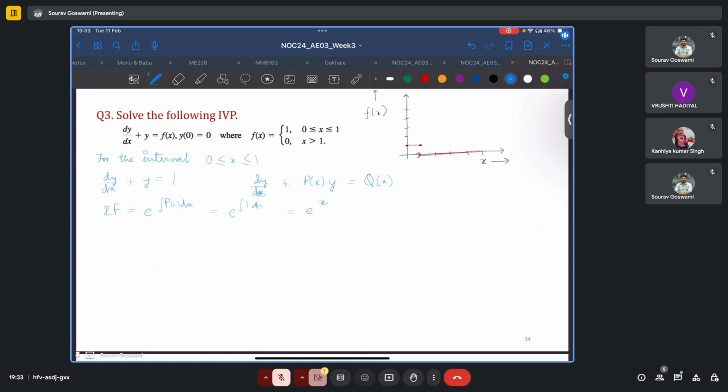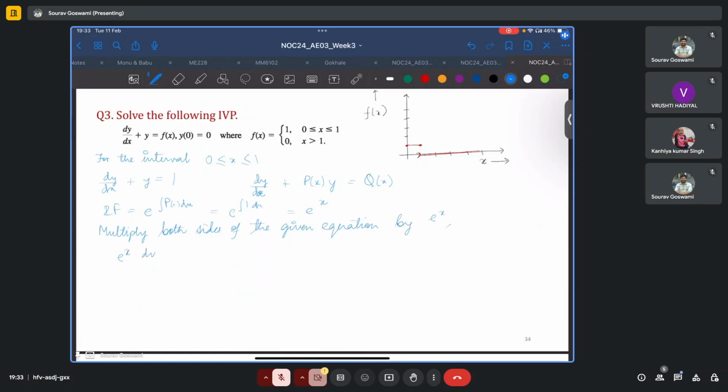Let us multiply both sides of the given equation by the integrating factor, which is e power x.